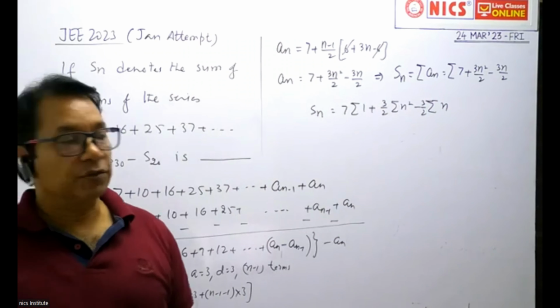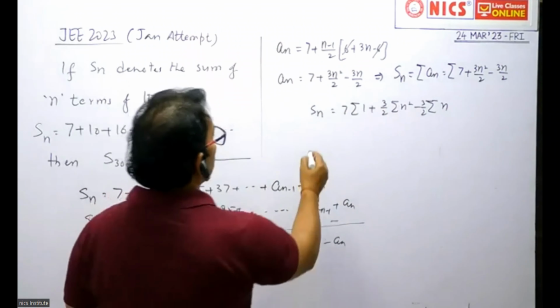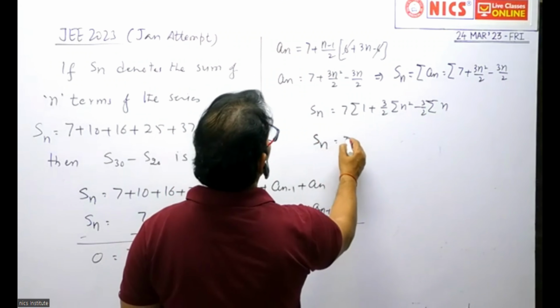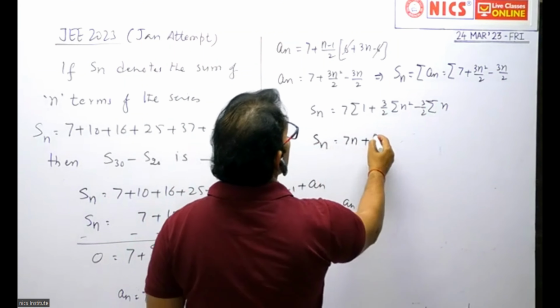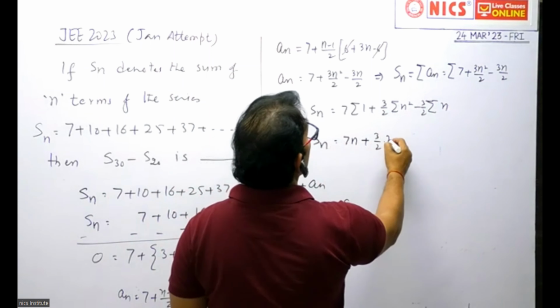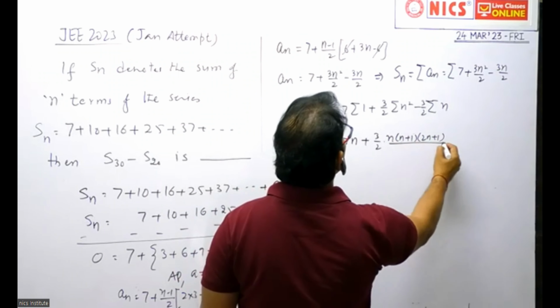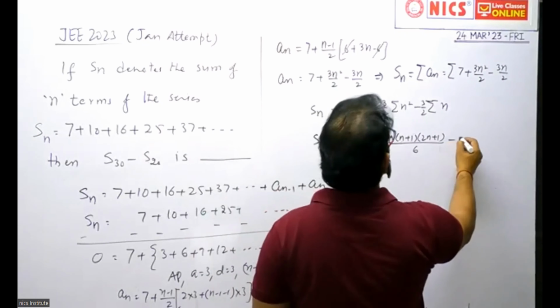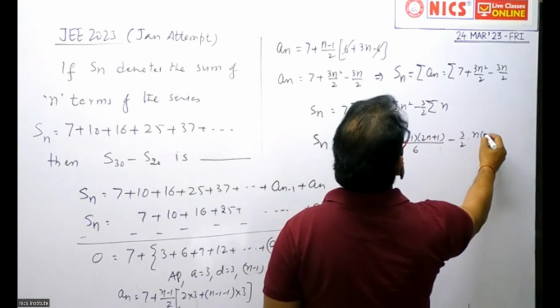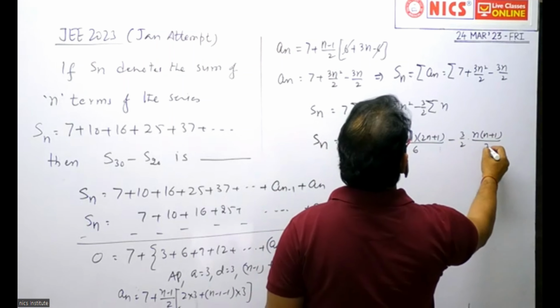So now you find the summations. Summation 1 is n. Summation n squared is n into n plus 1 into 2n plus 1 by 6. Summation n is n into n plus 1 by 2.